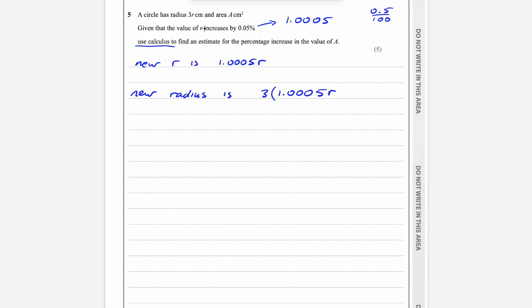Okay, and then find the percentage increase in the value of A. Let's say old A equals pi times (3r) squared, which is 9 pi r squared. And then new A is pi times this.